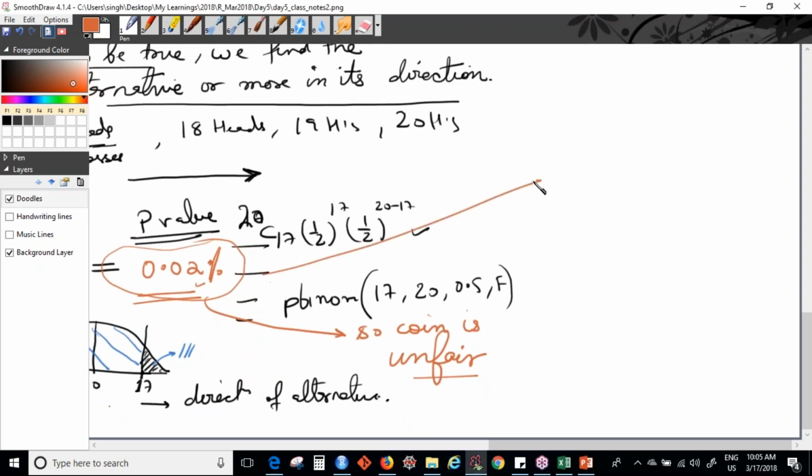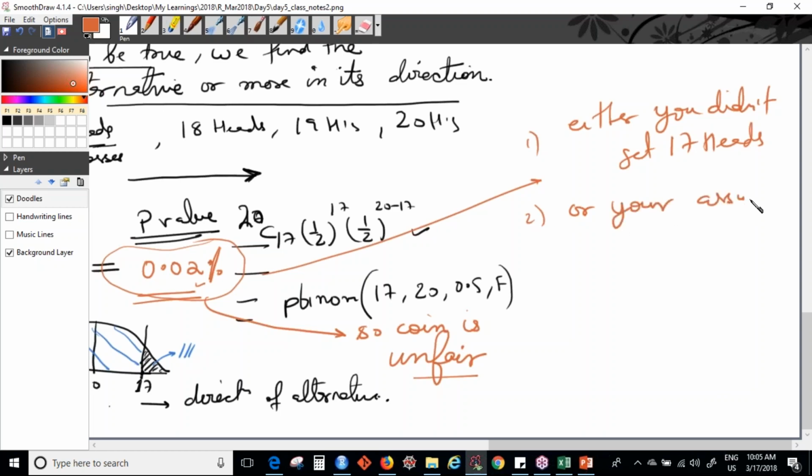Since your probability is only 0.02%, this means two things: either you didn't get 17 heads, or your assumption, that the coin is fair, is wrong.